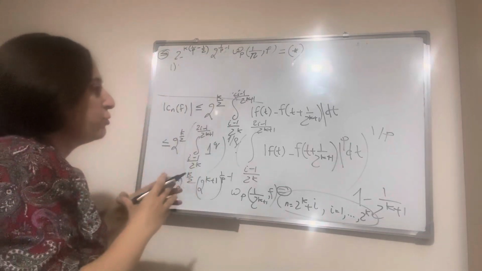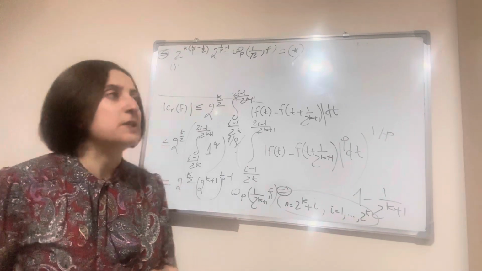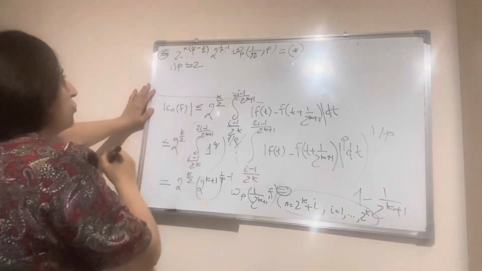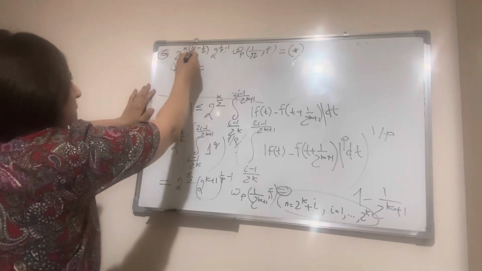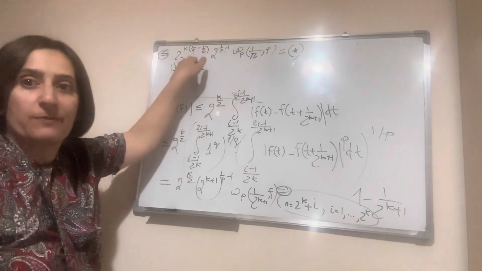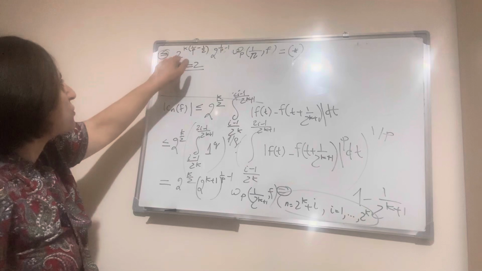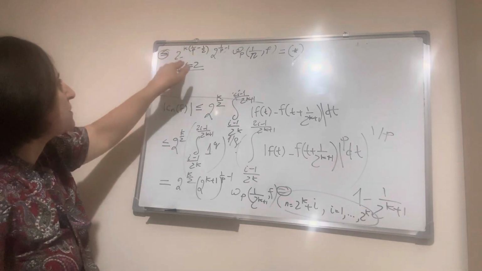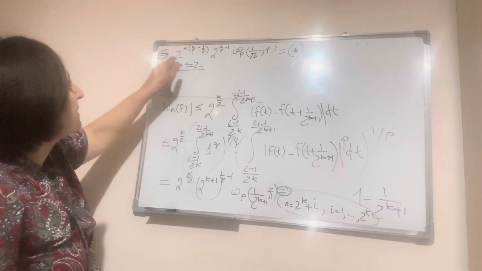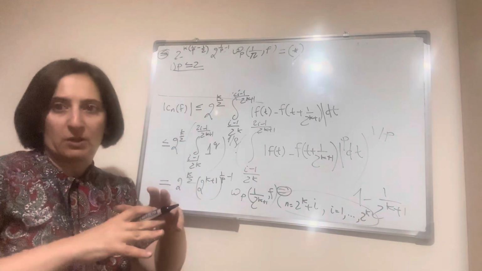If p equals 2, it's easy to check, everything holds, the theorem holds. But when p is less than or equal to 2, we notice that 1 over p minus 1 over 2 is positive, and therefore, because 2^k is smaller than n, we can put n in the place of 2^k and get something larger.